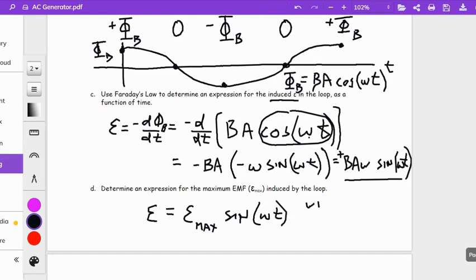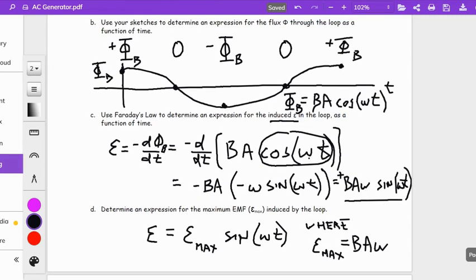And that's where E max, right, that's going to come right from this formula up here. That's just equal to BA omega. Okay, so you might see it this way. But the important thing is that you've got that type of relationship. So a cosine for the flux becomes a sine for the EMF.